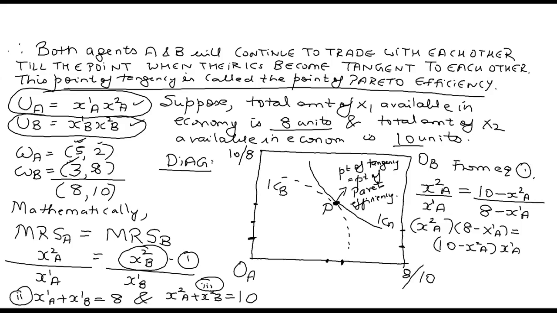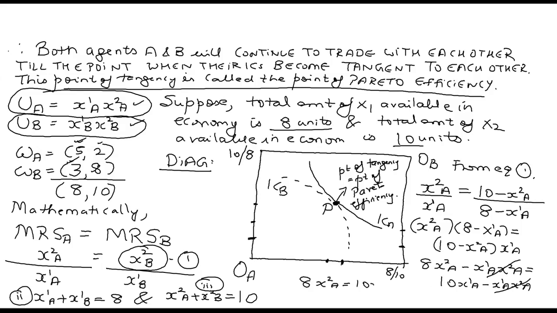Further solving, this becomes 8 X2A minus X1A X2A is equal to 10 X1A minus X1A X2A. This and this cancel, so we get 8 X2A is equal to 10 X1A.